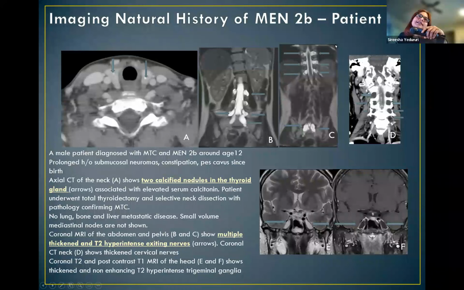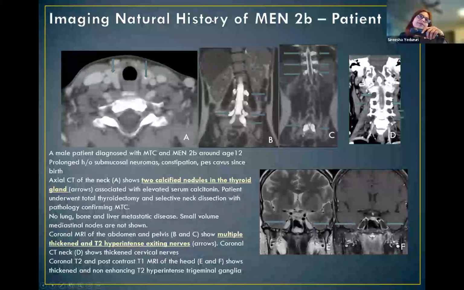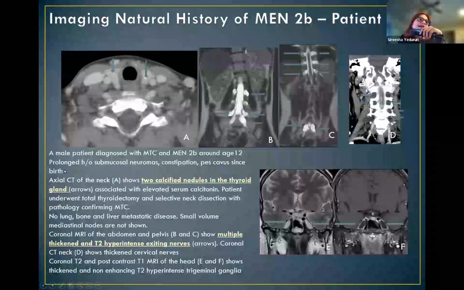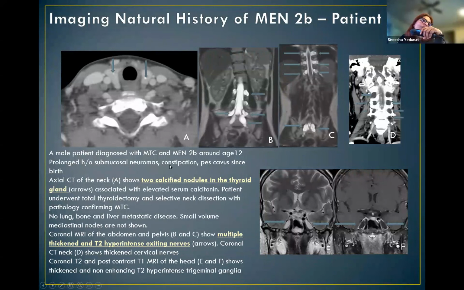This is the second example and the last example. Another patient with MEN type 2B, diagnosed at age 12. You can see 2 tiny calcific foci within the thyroid gland. He had history of prolonged submucosal neuromas, constipation, pes cavus since birth.